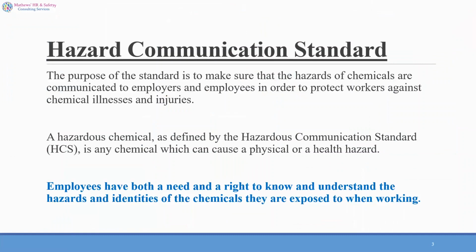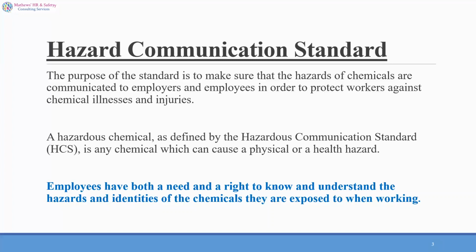So as we mentioned, the hazard communication standard is to make sure that all chemicals are communicated to employers and employees in order to protect workers against chemical illnesses and injuries. A hazardous chemical is defined as any chemical which can cause physical or health hazards.